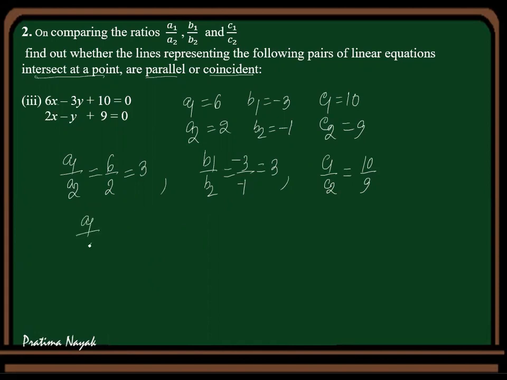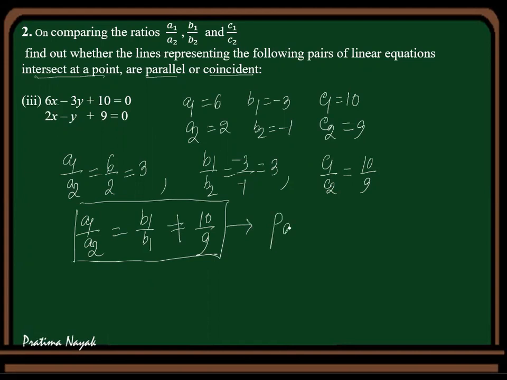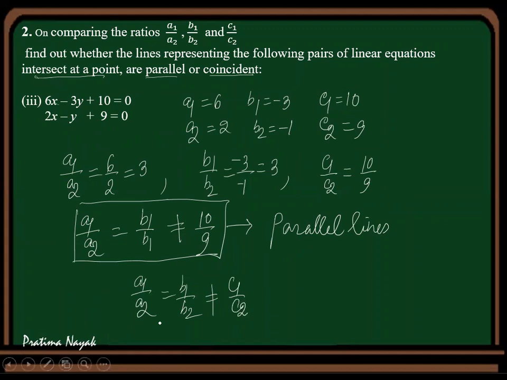Then what is the conclusion? a1 upon a2 is same as b1 upon b2, both are equal to 3, but c1 by c2 is not equal to that ratio. So whose condition is this? This is for your parallel lines. That means a1 by a2 is equal to b1 by b2 but not equal to c1 by c2. So we get parallel lines or no solution.